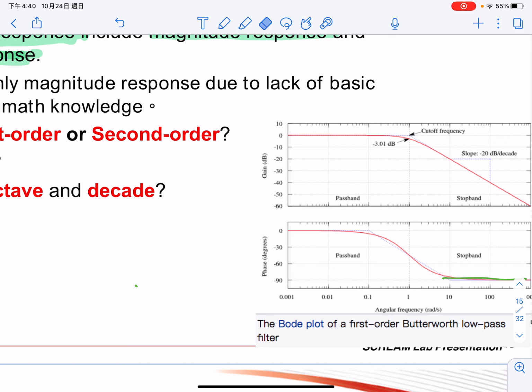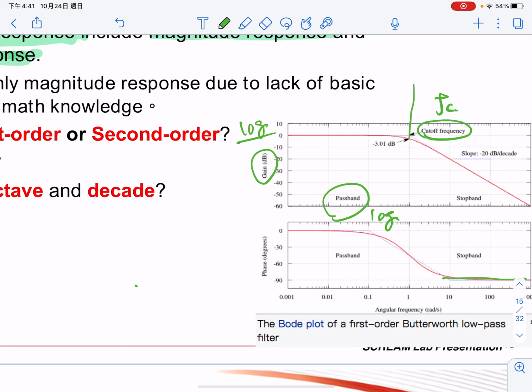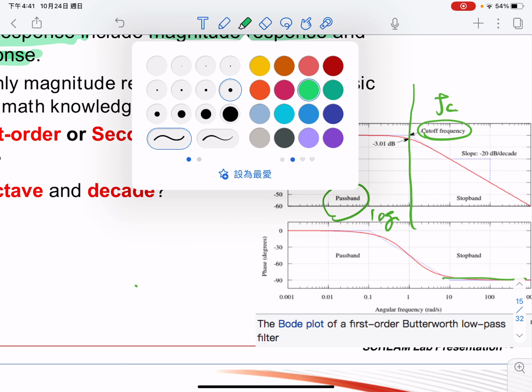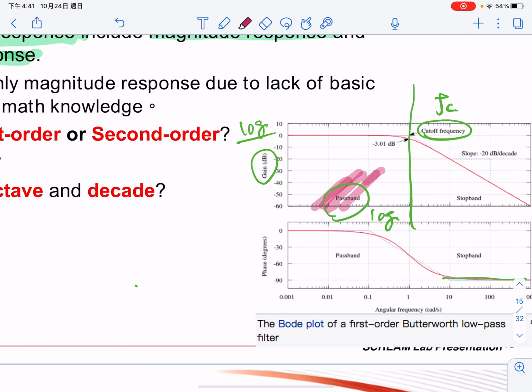And usually we will not use a linear scale in the graph. Here, this is log scale, and the dB is also log scale, which will be explained later. We have the cutoff frequency FC here, and we have a pass band here and a stop band here.